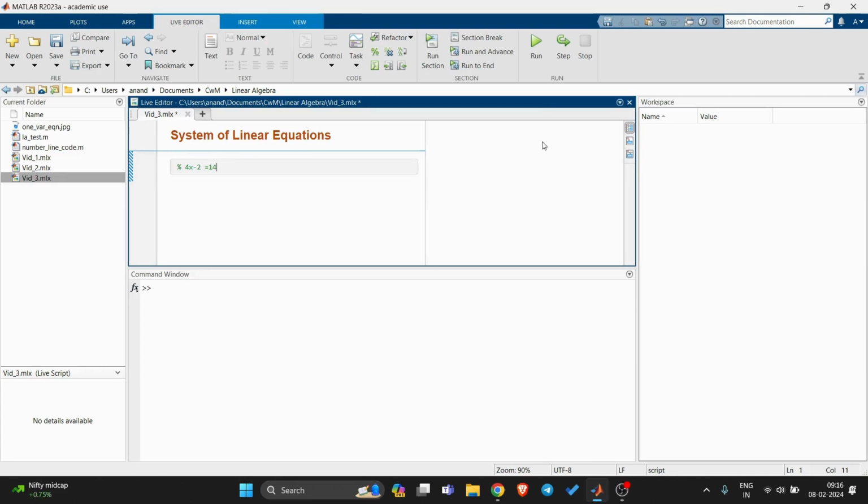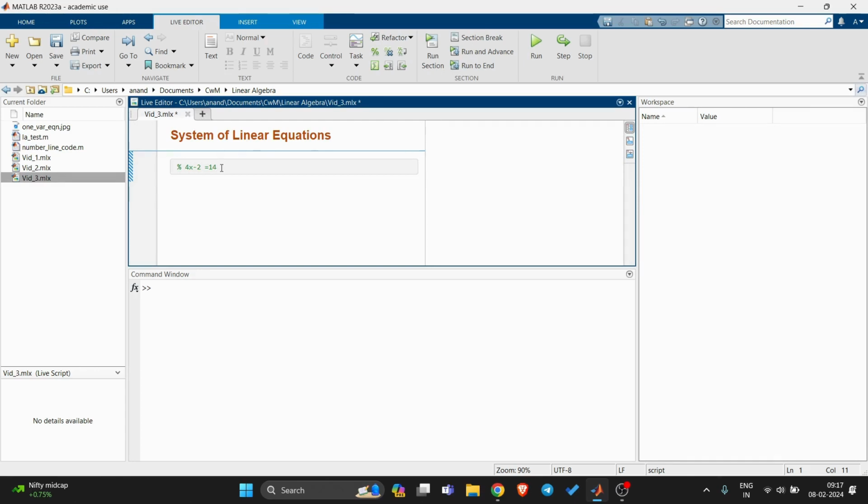The number of variables or unknowns in the equation determines the number of dimensions in the corresponding graph. In this equation, we have just one variable, so the solution, which is x equal to 4, can be visualized as a point on the number line. And we can draw a number line and plot this in MATLAB.